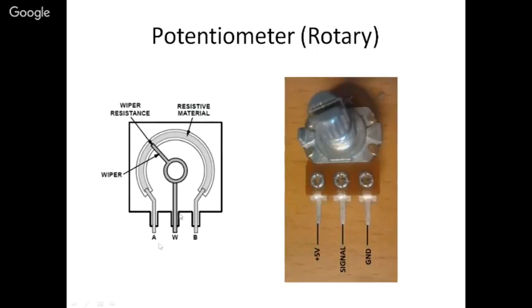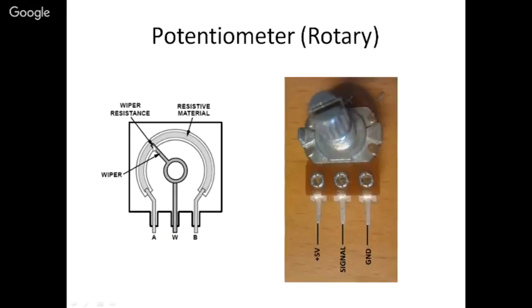Now as you can see, it's a rotary pot or rotary potentiometer. Again here, A is the terminal 1 where we will attach our reference voltage. B is the ground, and so we are giving a voltage across this whole resistance. Now this is a wiper which can move from here to here.